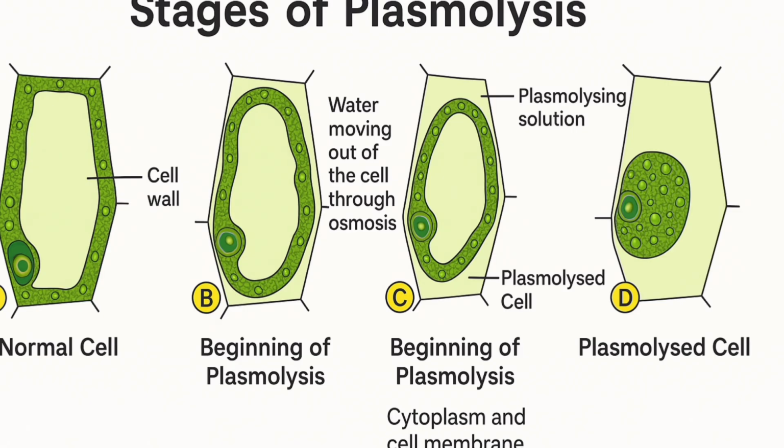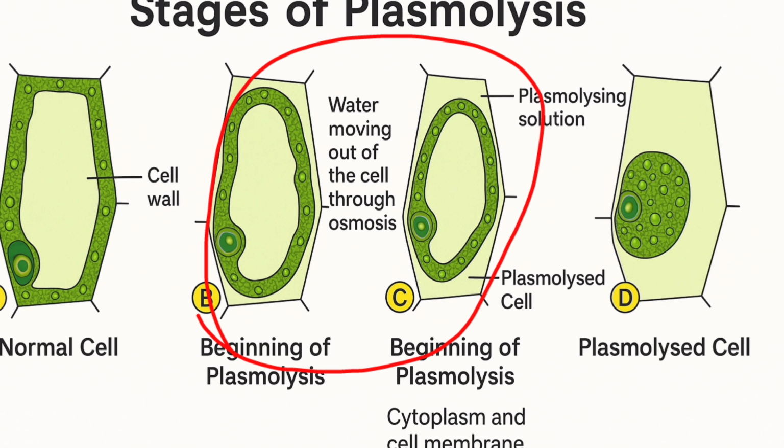And this diagram shows how a living plant cell changes when placed in plasmolysing solution, that is, concentrated salt or sugar solution. A is a normal cell, and this cell is full of water and the cell membrane is pressed tightly against the cell wall. B and C show the beginning of plasmolysis.